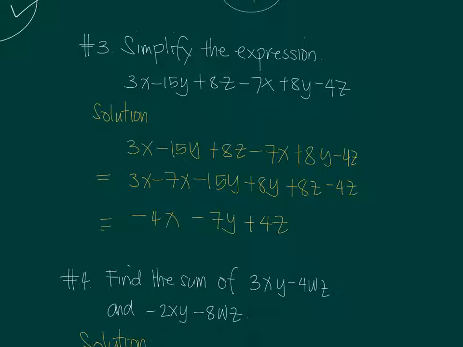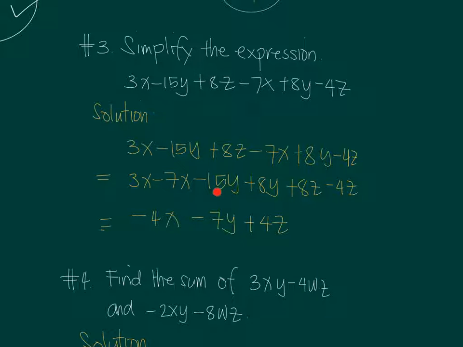Okay, so we have here the same expression. So as the first step, we copy the given, and then if you notice from the first step going here, what I did was I tried to group all the x. You see how I have the -7x closer now to 3x.